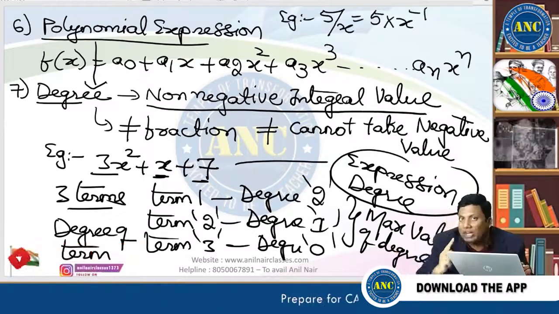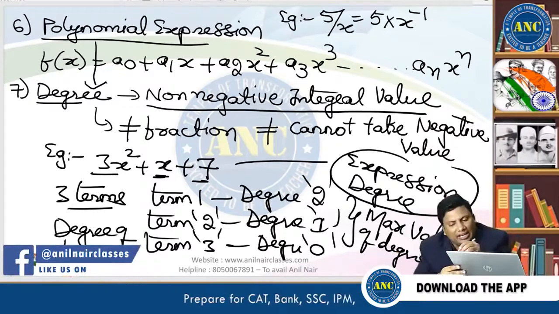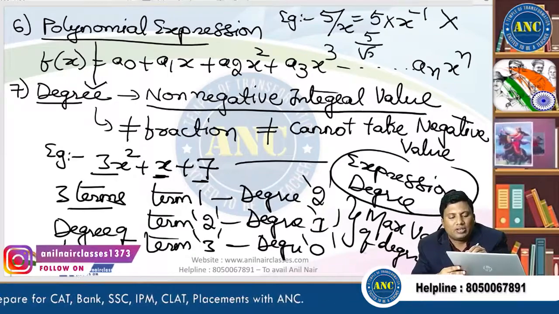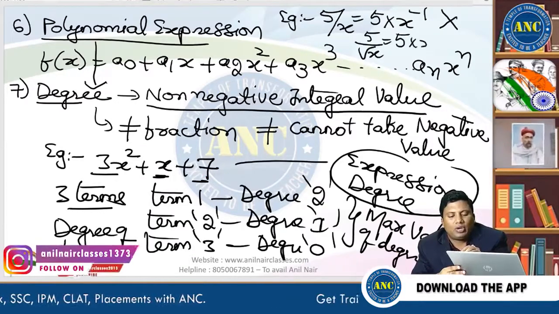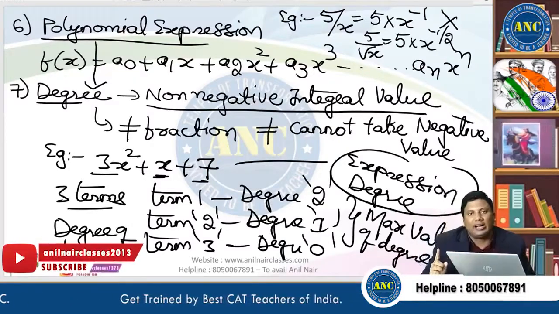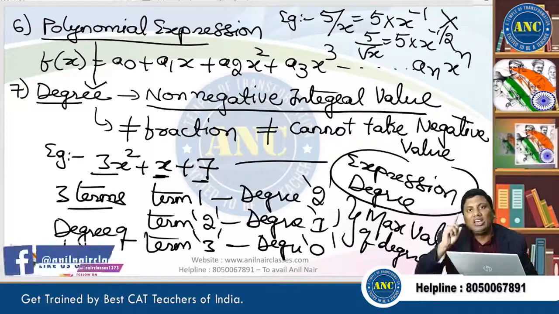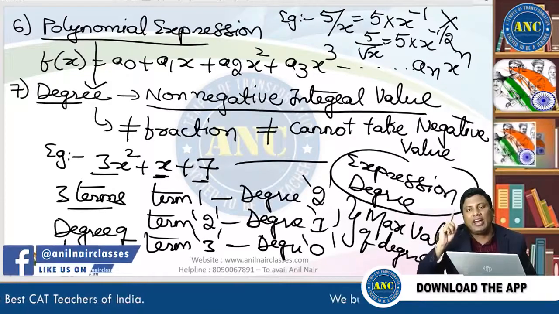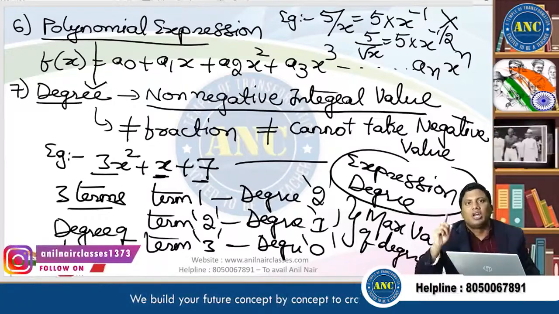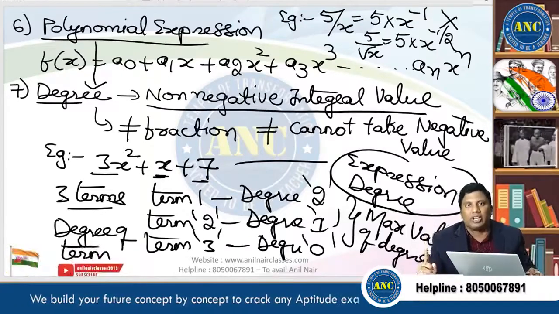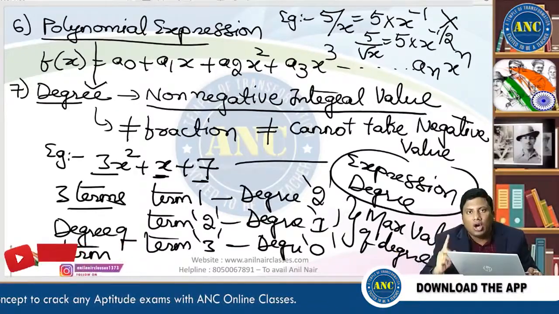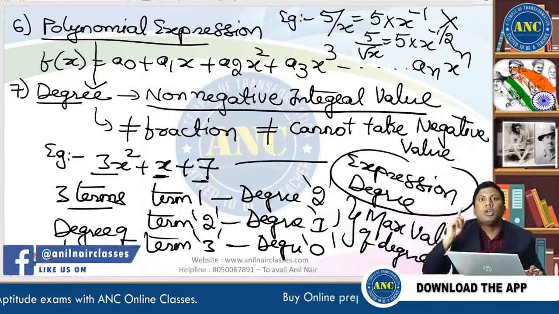A degree cannot be negative for a polynomial, so it is not a polynomial expression. 5 by root x is nothing but 5 into x power minus 1 by 2. A power cannot be negative, and cannot be a fraction. If the power of a variable is negative or fraction, then the expression is called a non-polynomial expression.